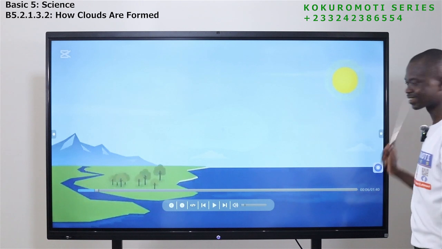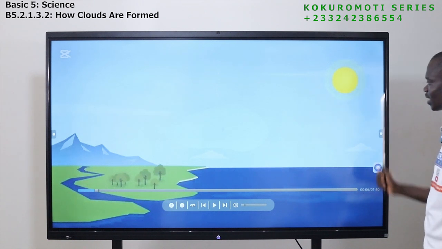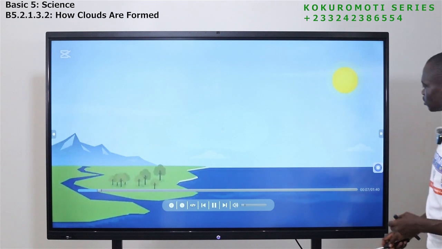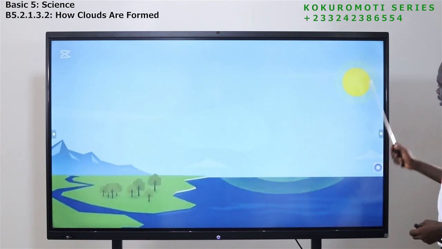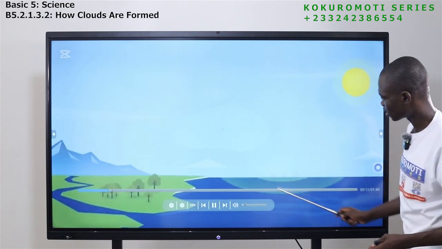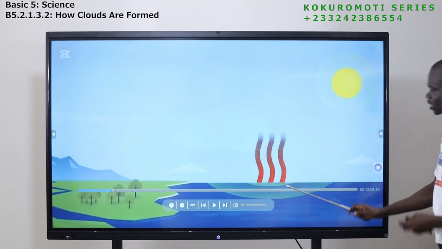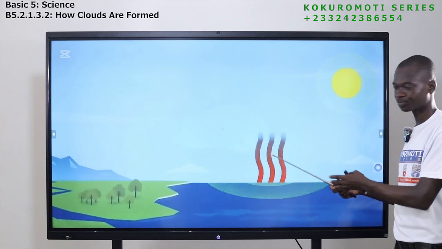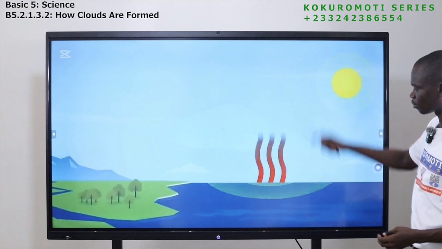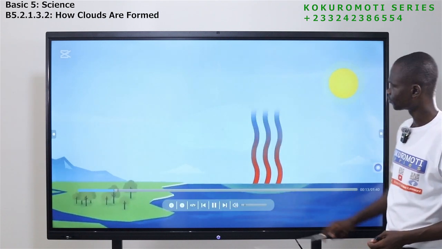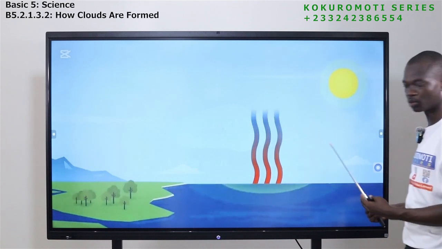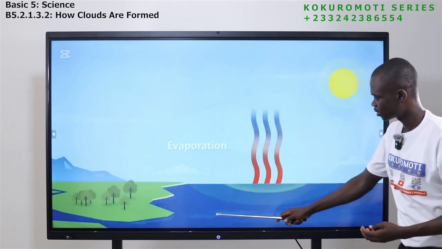So what do you see here? The sun. The sun here is going to heat up the water bodies. Now look at what is happening to the water bodies here. Now the water bodies have turned into water vapor. You see the vapor going up as the water is producing a lot of heat.